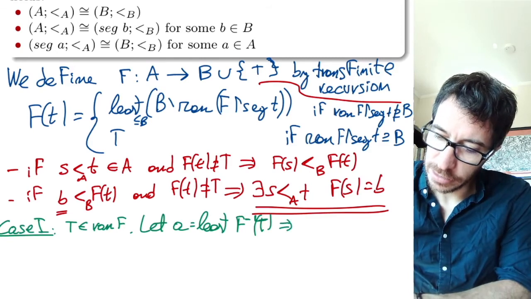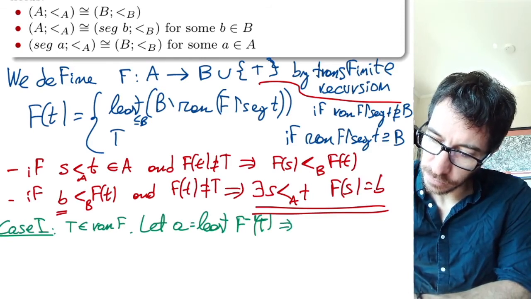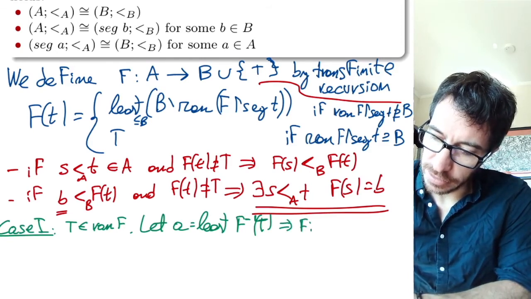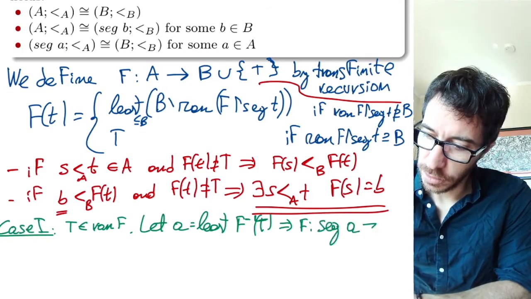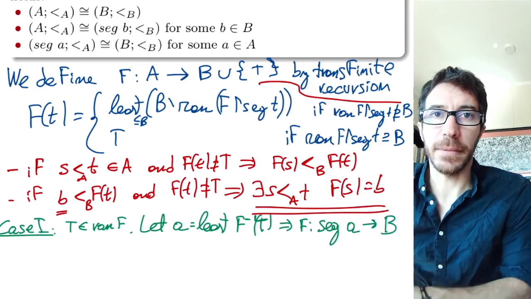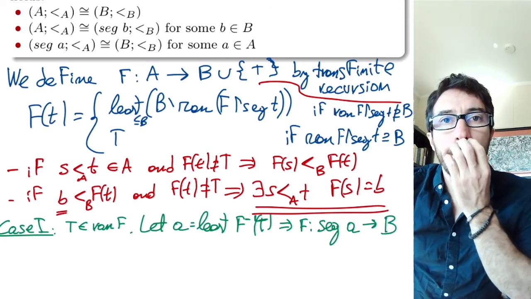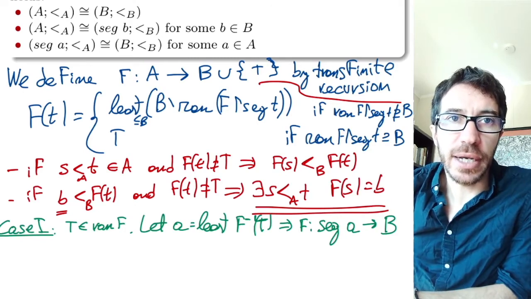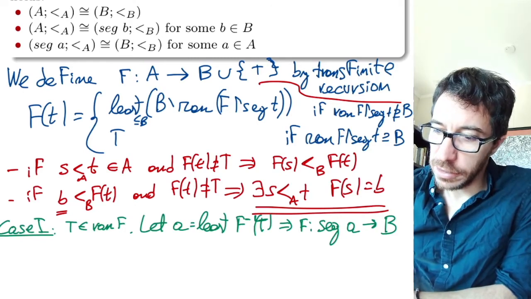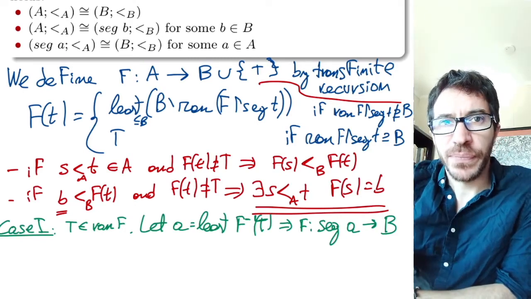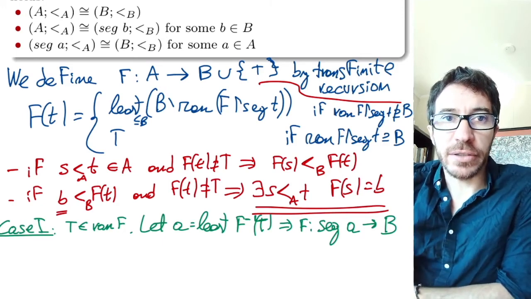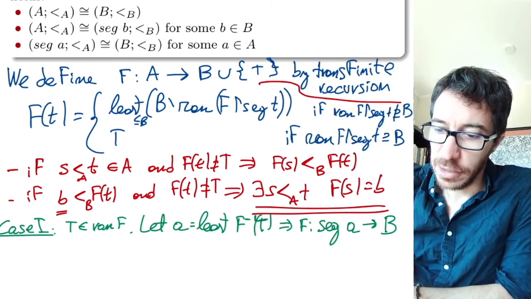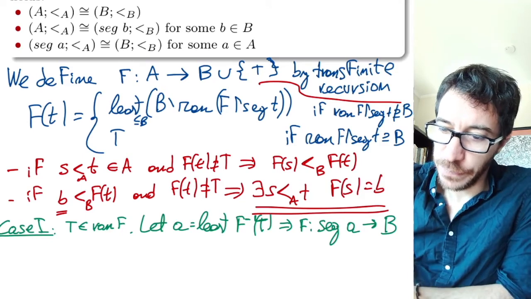So then we get that F is a bijection from the segment of A to B. Right, because the reason that A was being mapped to top is that we already had that B belonged to the range of F up to the segment of A, right? So that's exactly this case up here.